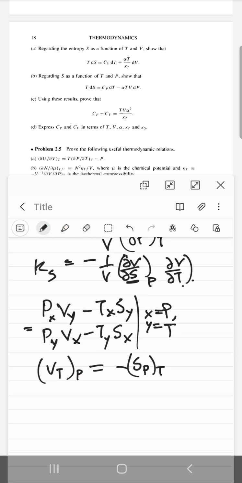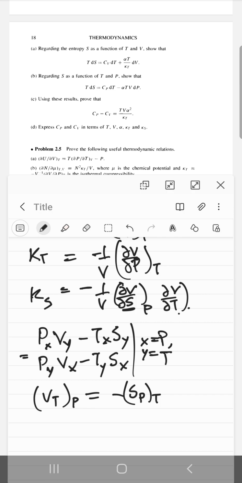Okay, that's one thing. So you did that obviously. Constant pressure, right? So initially it was just S sub P at constant temperature, I suppose, right? So it was just partial S upon partial P at constant temperature, and this negative was not there. I'm assuming that was the case.